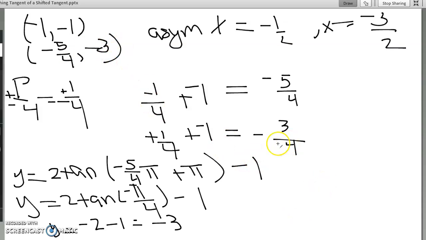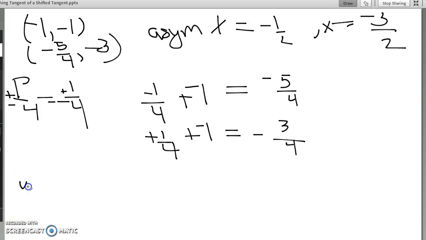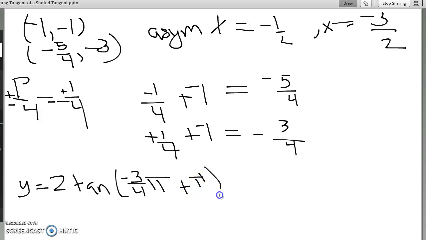All right, let's find the other one. We'll plug in negative 3/4. So I have y, and I'm going to give myself some more space. So I have y is equal to 2 tangent of negative 3/4 pi plus pi, minus 1. And 3/4 pi plus pi, you can turn this into 4 over 4.